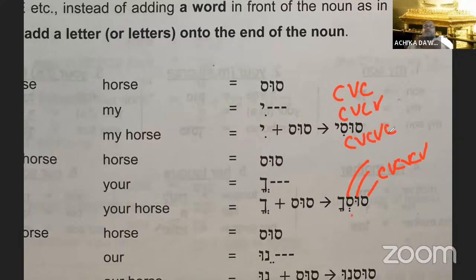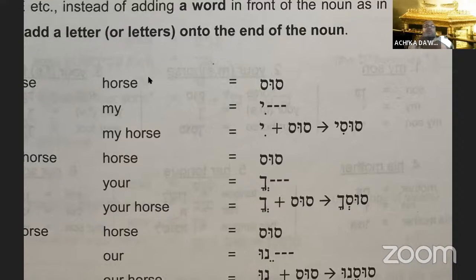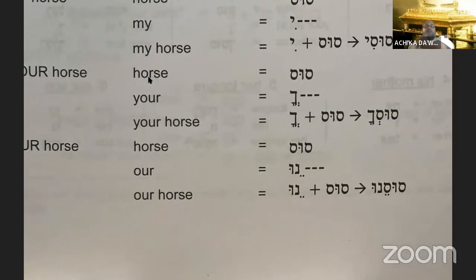But you would never begin, this is just a rule, you'll never have a word begin with a vowel. Never. In the Hebrew language, no words will ever begin with a vowel. Like oo, ah, e, ah, none of that. It's always going to be a consonant, right? So susecha, okay? Someone want to take a guess on how you say our horse?